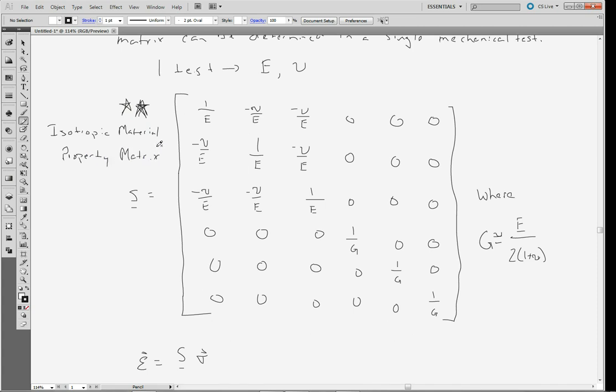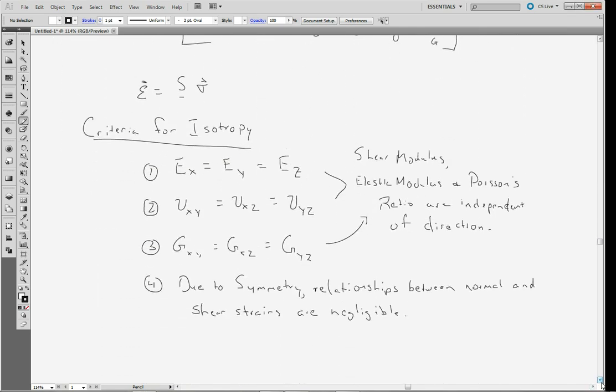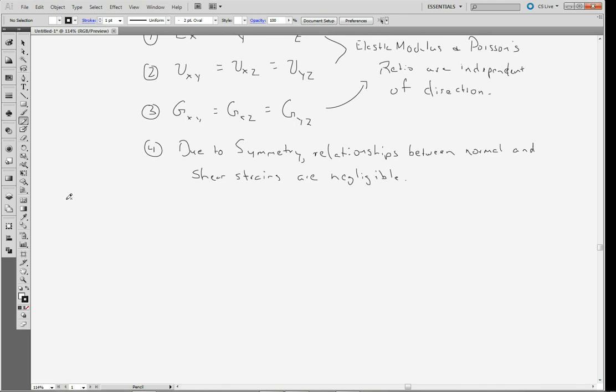Okay, and this is our first material property matrix, this isotropic one. All right, now we're going to move from the simplest one to the most difficult one that we're going to handle in this class, which is the orthotropic material property matrix.